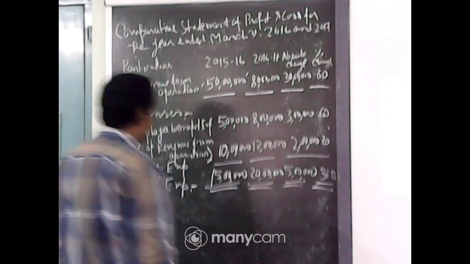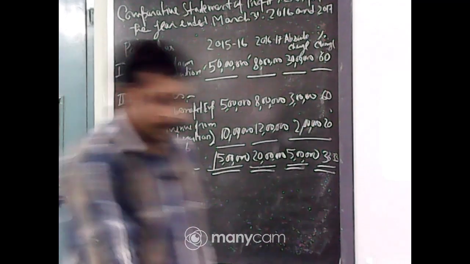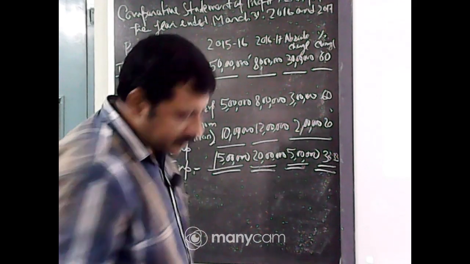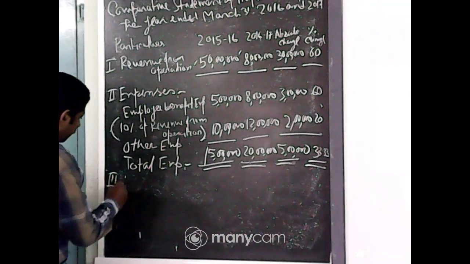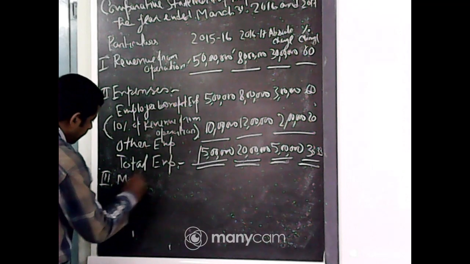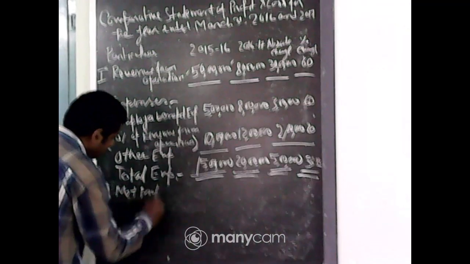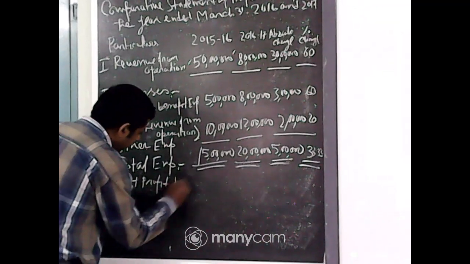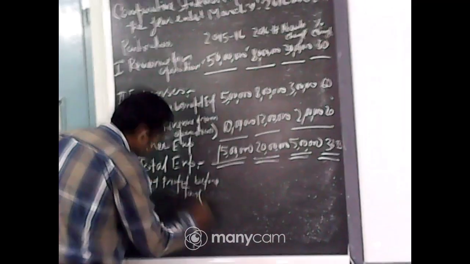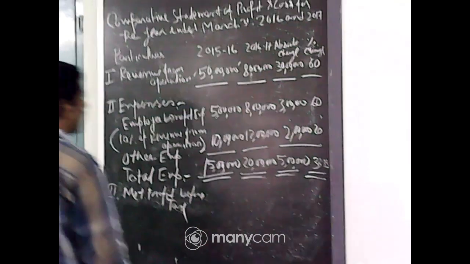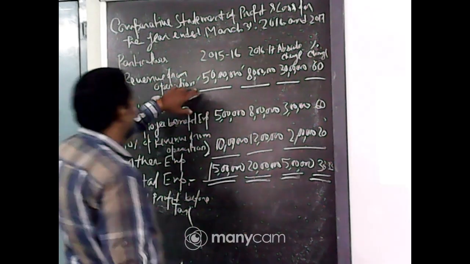Now you have to calculate net profit before tax, that is number 3. What is your income?